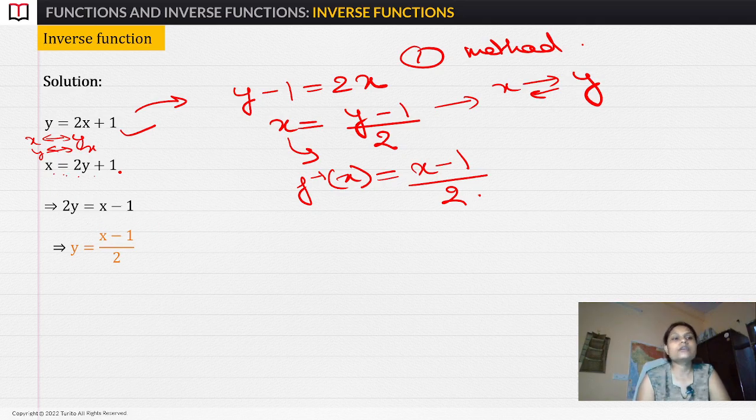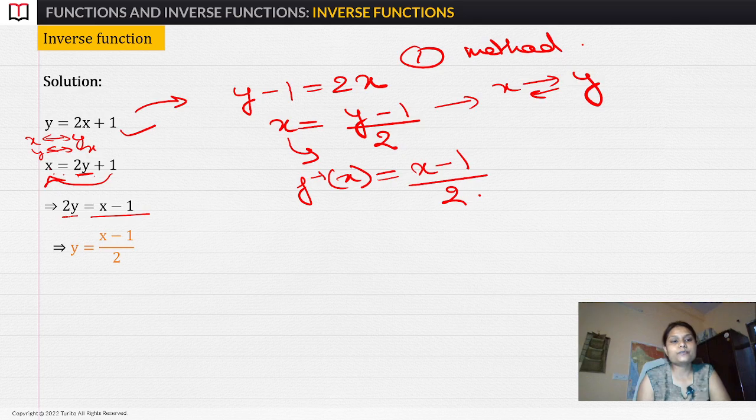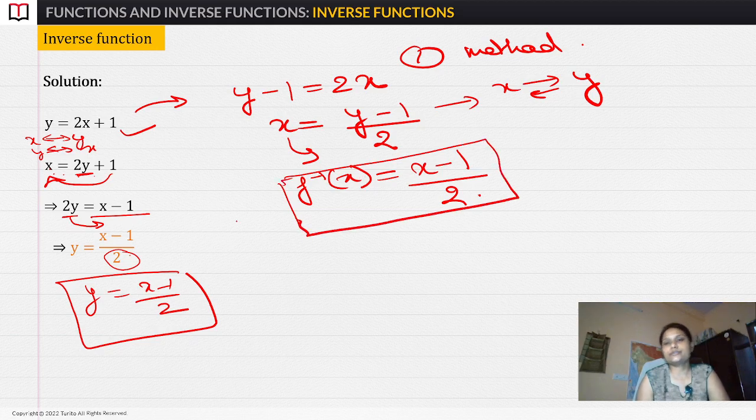That will be your inverse. So just to keep y on one side, x should be going to the other side, or you can transfer this 1 from here to here. It will be x minus 1. Just take out this 2, it will be coming in the denominator, and your inverse would be x minus 1 over 2. So you get the same inverse from both the methods. So it's up to you which method you wish to use.